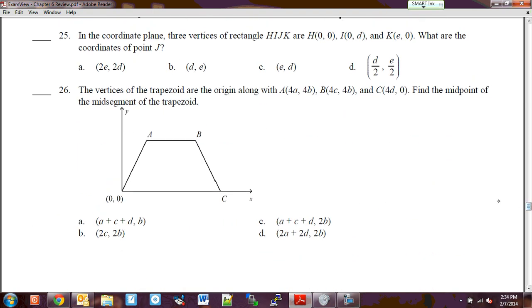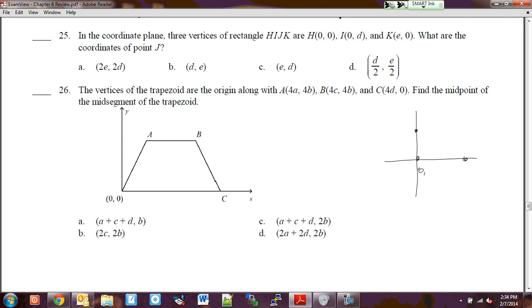25. In the coordinate plane, three vertices of rectangle HIJK are those three. What are the coordinates of point J? All right, so let's draw it in here. We know it's a rectangle. H is 0, 0. I is 0, D. K is E, 0.